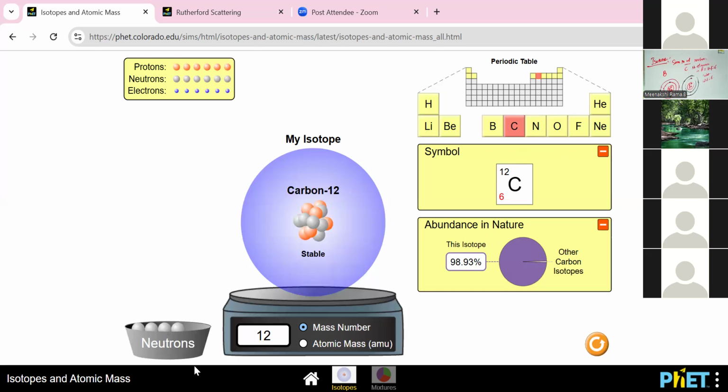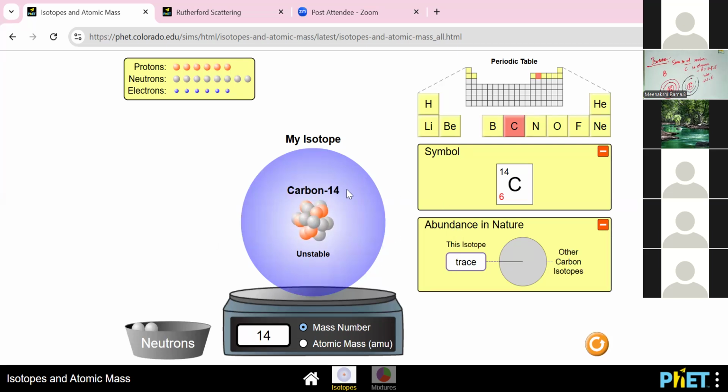Then adding one neutron gives carbon 13, the second carbon isotope. Adding one more neutron gives the unstable carbon 14 isotope.